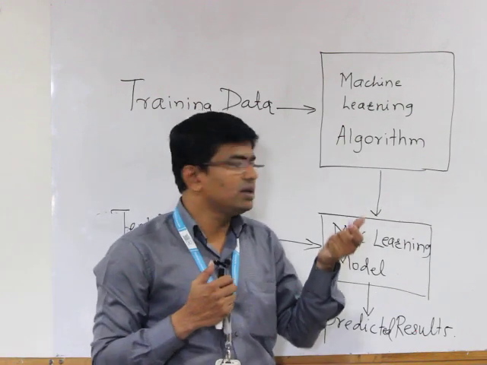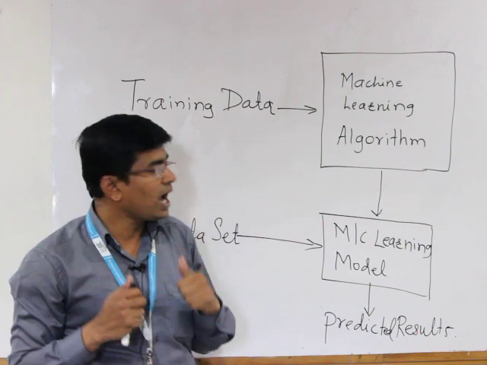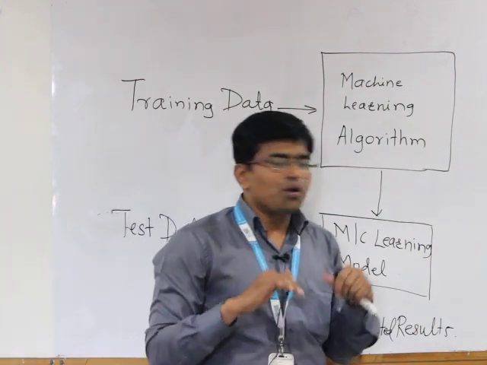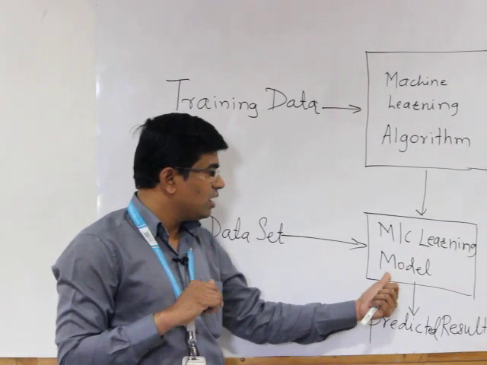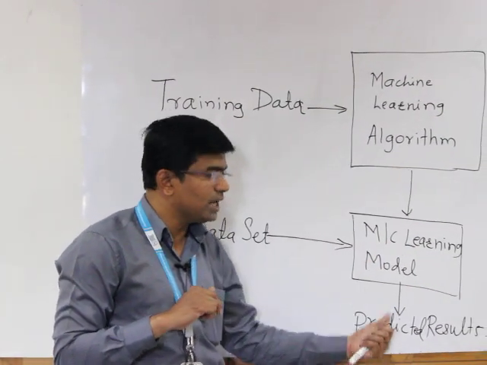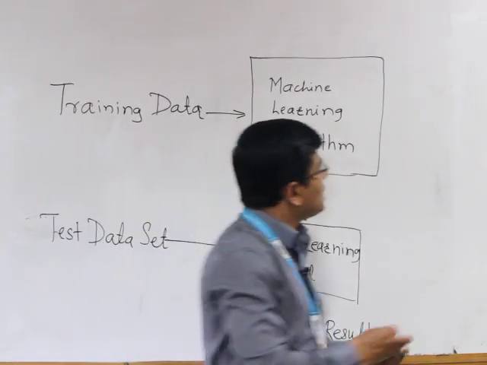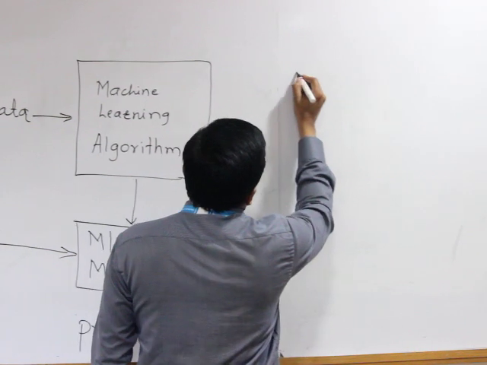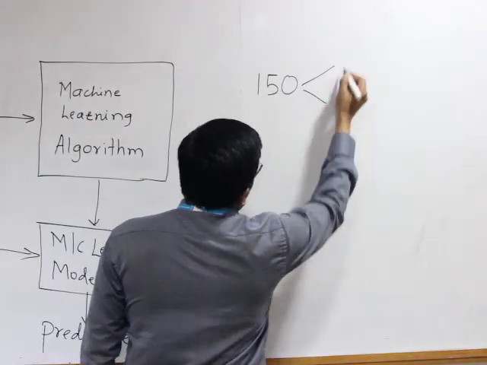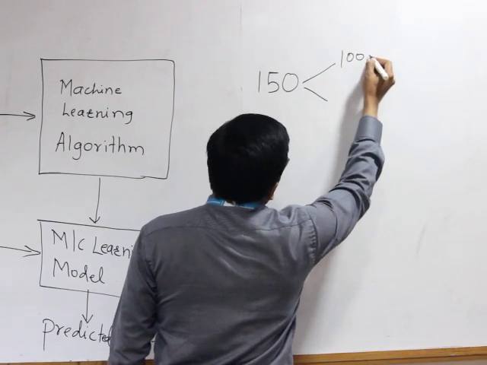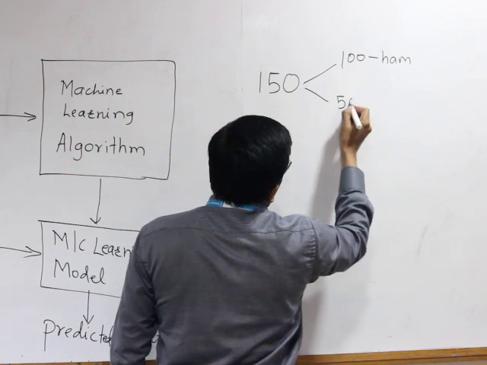It will analyze the incoming email and classify whether it is spam or ham. Let us assume we provide a test data set to this model to predict how many mails are spam and ham. Let us assume we have 150 emails, out of which 100 are ham and 50 are spam.